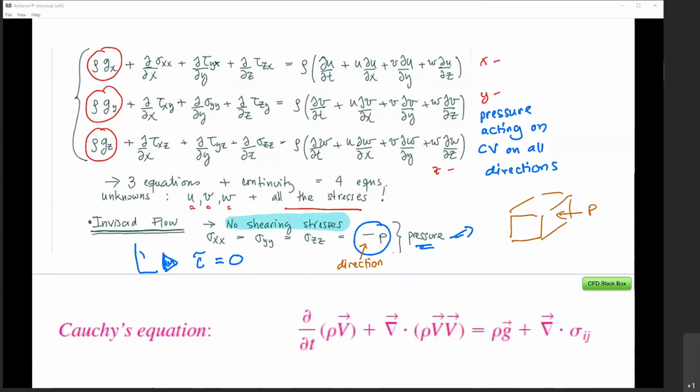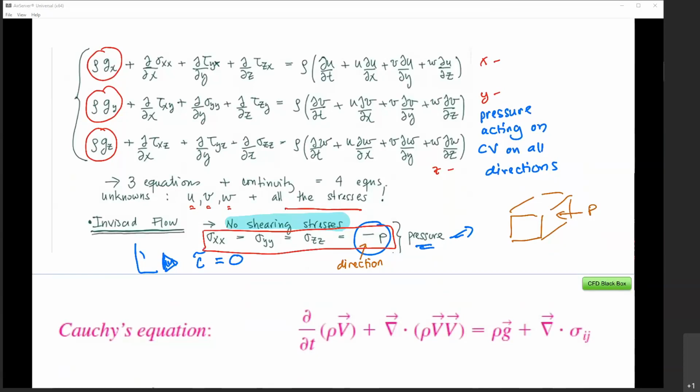You are going to get the following equations, which state that the normal stress sigma xx, which is equal to sigma yy equals sigma zz, will be equal to negative p. Negative p here refers to the pressure.